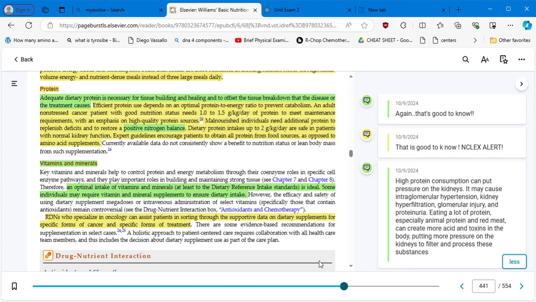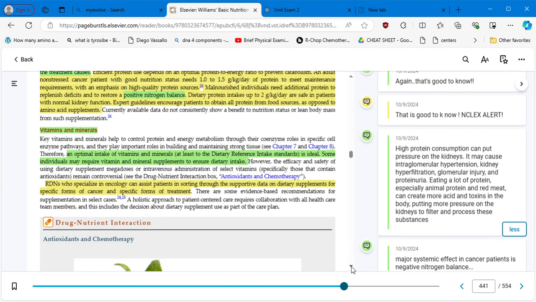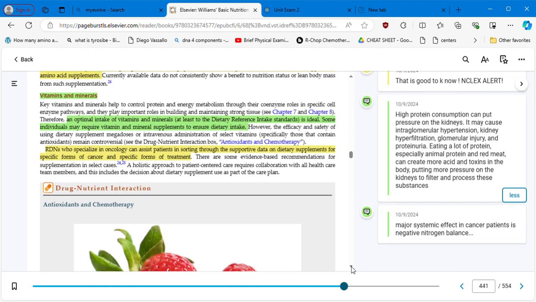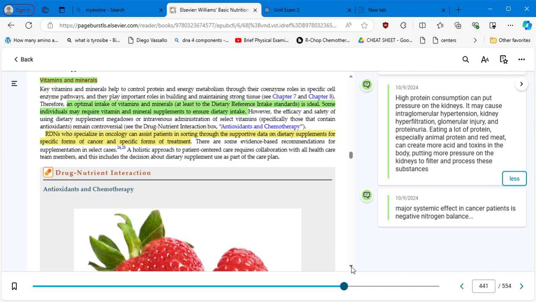Okay, vitamins and minerals. An optimal intake of vitamins and minerals, or at least to the dietary reference intake standards, is ideal. I would say we need to speak with a nutritionist in order to select good supplements, vitamins and minerals, right?